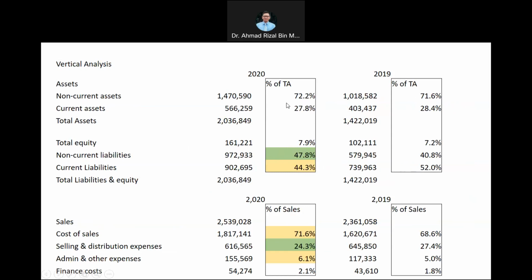So that is the comparison between the 2 years based on this vertical analysis. You do the same for income statement.